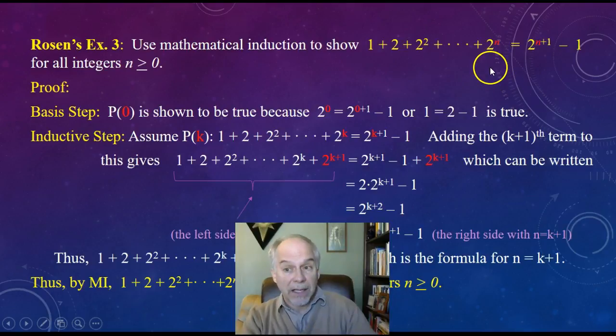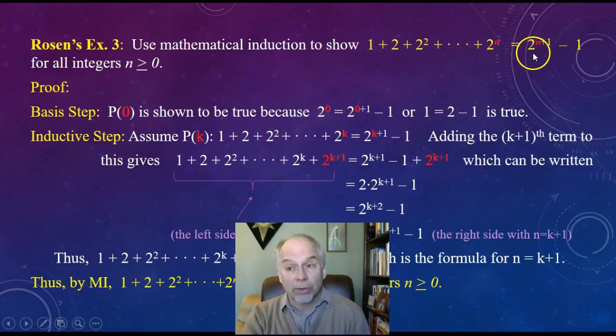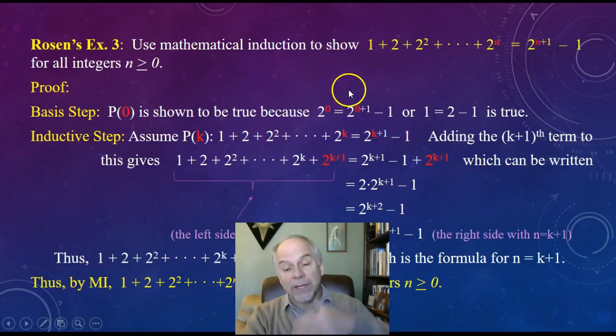Now 15 does equal 2 to the 3 plus 1, or fourth power, minus 1, because 2 to the fourth power is 16, and 16 minus 1 does equal 15. So it works for n equal to 3, but how do you know it continues to work no matter how high you want to go?